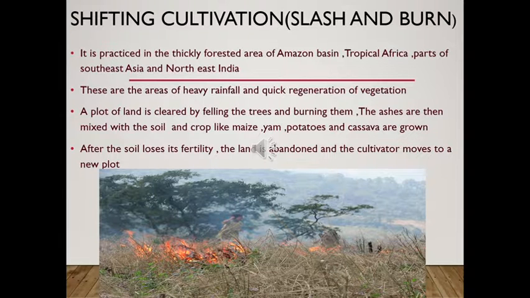What happens in this shifting cultivation? Farmers, first of all, choose a piece of land and clear the vegetation. Once they have cut down the trees of that chosen area, they burn it.